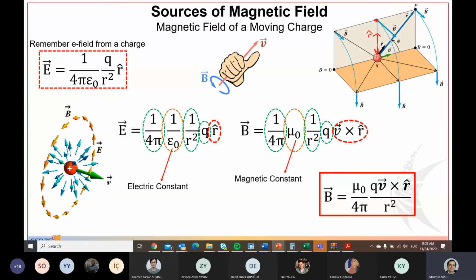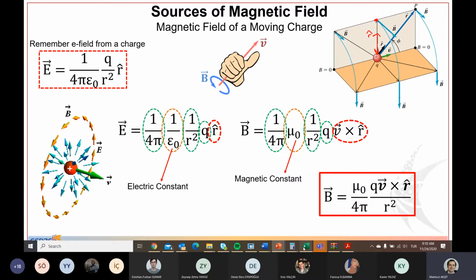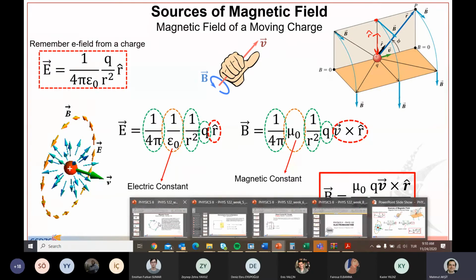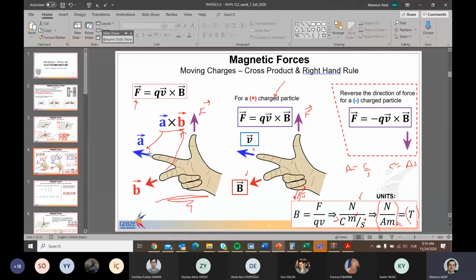In this scenario, remember from the previous week how we were applying the right-hand rule. For example, for A cross product B, the index finger always shows the direction of the first vector, the middle finger always shows the direction of the second vector, and the result is the thumb.